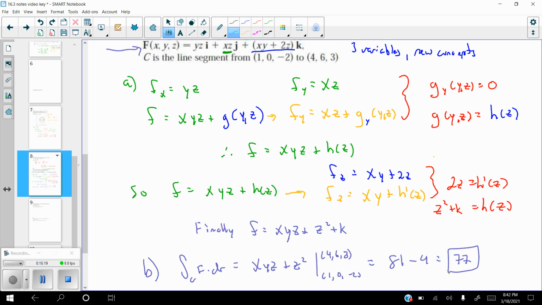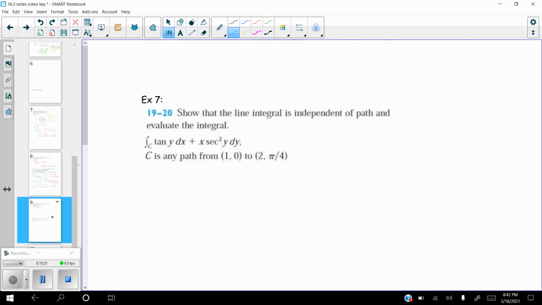All right, so let's move on to the next example. Show that the line integral is independent of path and evaluate the line integral. So I'm going to use a little bit more intuition on this one, but we're still going to do the basics. So showing that it's independent of path, we need to find dP/dy, which is the derivative of P with respect to y.